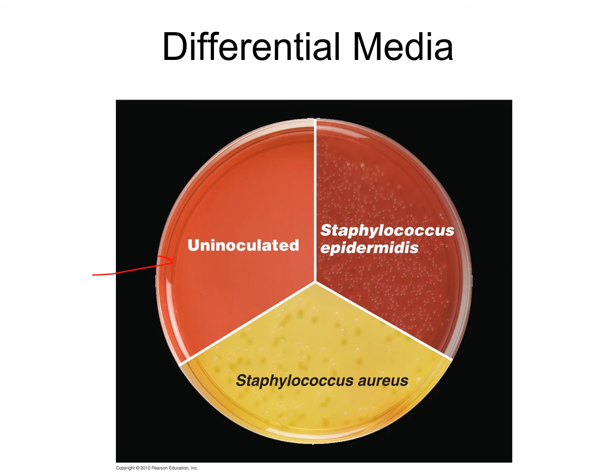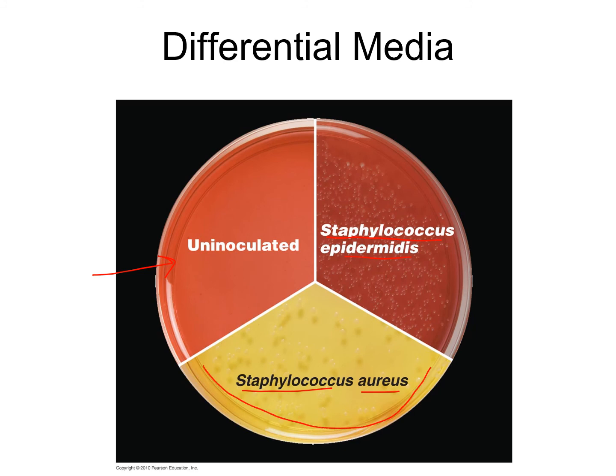So this is the uninoculated agar with the red blood cells in it. When Staphylococcus epidermidis is grown on the blood agar, there's no significant change to the agar. But when Staph aureus is grown on the agar, the Staph aureus can secrete an enzyme that breaks down the red blood cells. So what happens is that the agar then turns yellow.